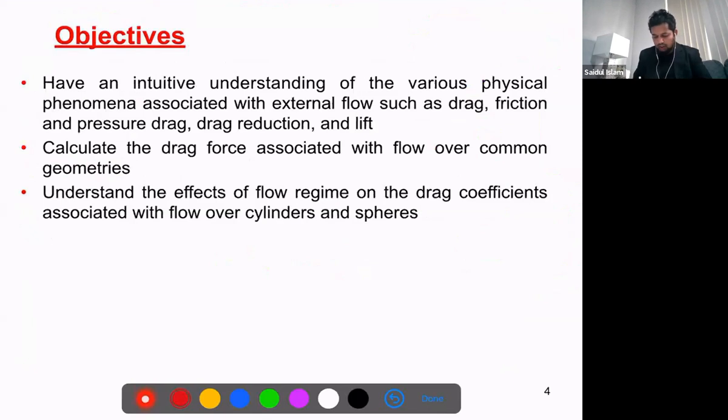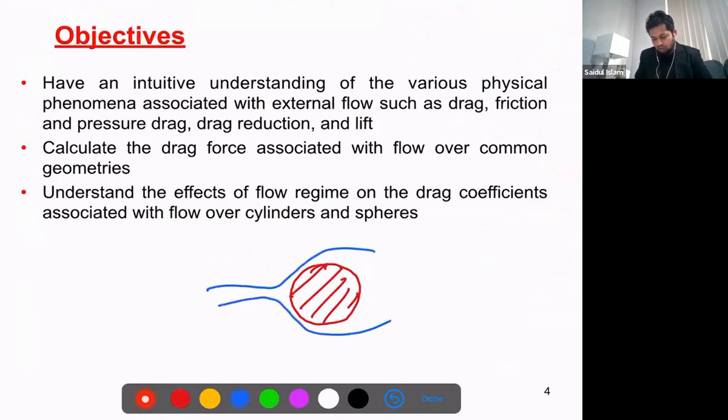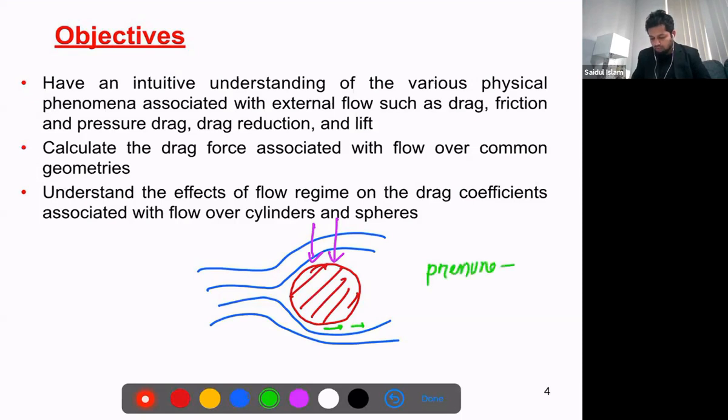So if this is a circular cylinder and the flow is just going this way, we will have the pressure force this way and the shear force this way. The combination of these two forces, the pressure and the shear, you can say this is all about the external flow.